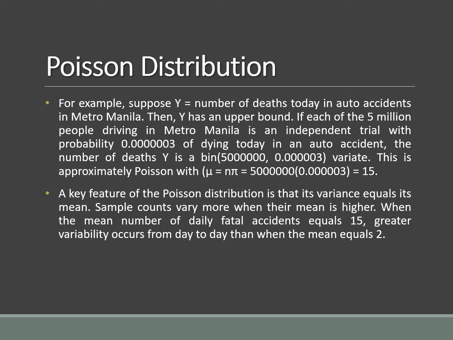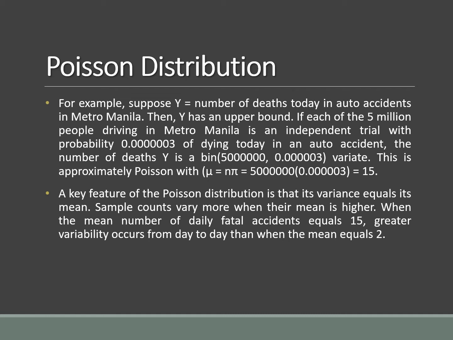So for example, if each of the 5 million people driving in Metro Manila in a day is an independent trial with the probability equal to 0.000003 of dying today in an auto accident, then we could have a binomial distribution for our y, which follows binomial with n equal to 5 million and p equal to 0.000003.